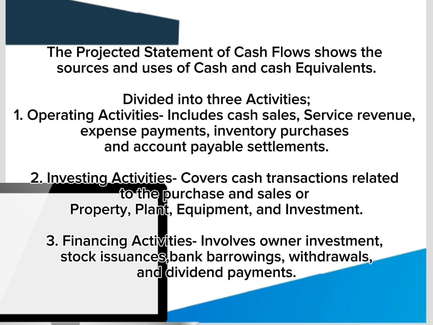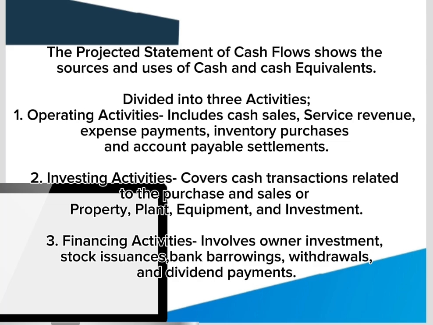The projected statement of cash flows shows the sources and uses of cash and cash equivalents. It shows how cash is expected to move in and out across operating, investing, and financing activities. That is the three activities. First, operating activities start with net income, then adjust for non-cash items and changes in working capital.